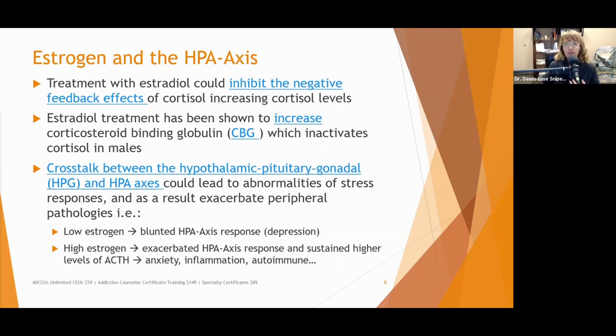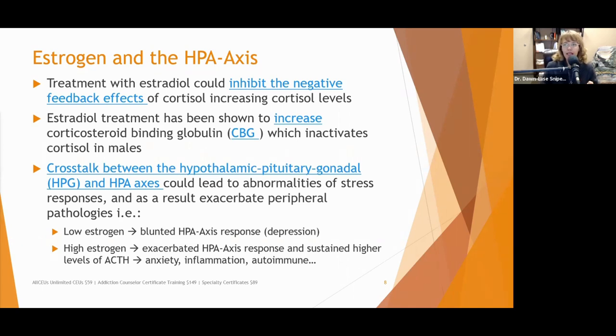Estradiol treatment has been shown to increase corticosteroid binding globulin, CBG, which inactivates cortisol in males. Now, it hasn't been found to be the same way in females, but in males, which is very interesting. When estrogen is given to males, it reduces cortisol levels.